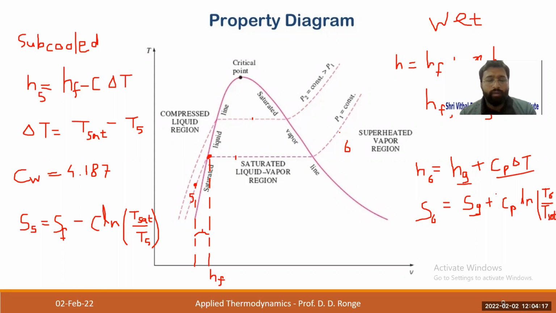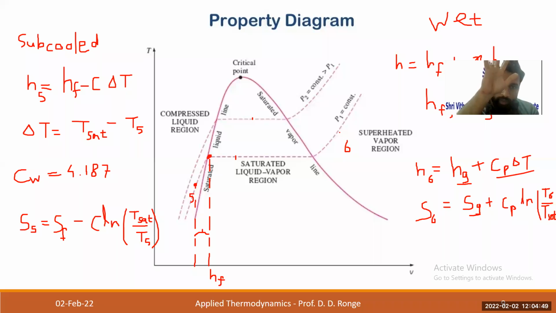So in the next lecture, we'll try to solve more numericals. I think students are still understanding how to calculate. So we'll take a practice session, we'll solve the numericals, and at that point your understanding of the calculation of properties will be easy, because this is very important for the next chapter, that is vapor power cycle, in which we are going to calculate the performance of the whole thermal power plant.